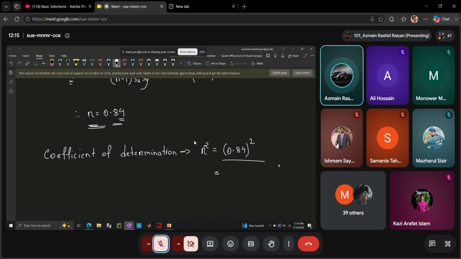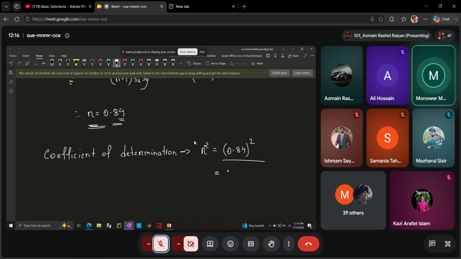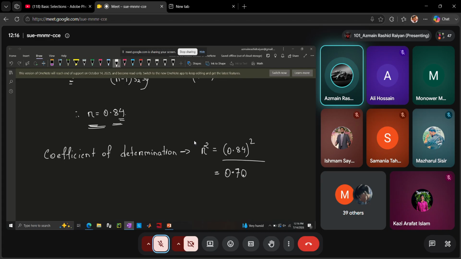Someone please tell me the value of 0.84 squared? 0.7056. Let's write it as 0.70. So our coefficient of determination, R square, equals 0.70, which is 70% if I convert it to percentage.